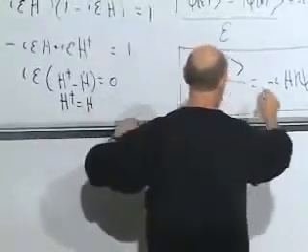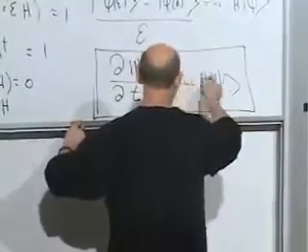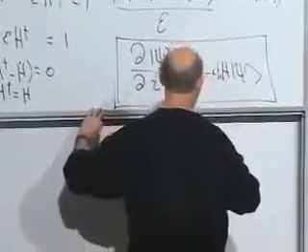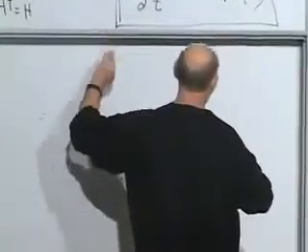The 2 pi depends on whether you use h or h bar, and with h bar there's no 2 pi.